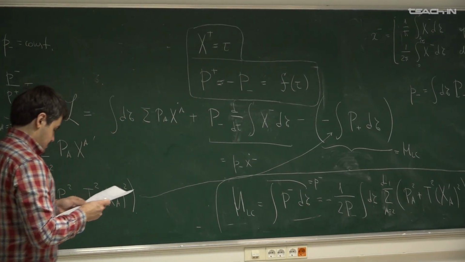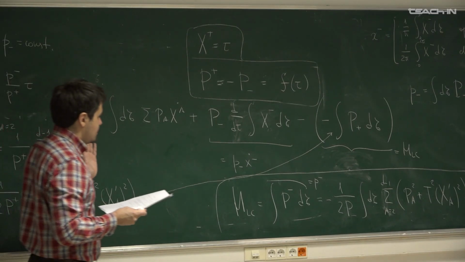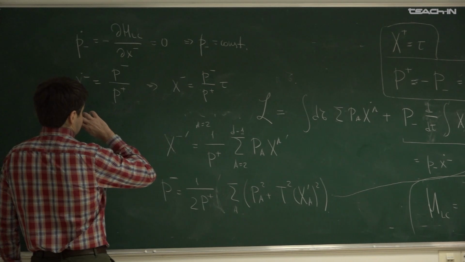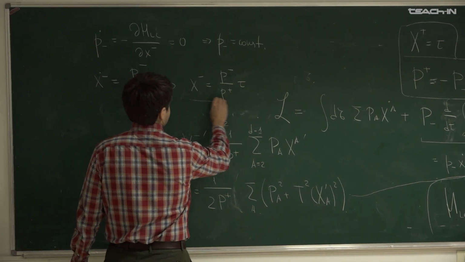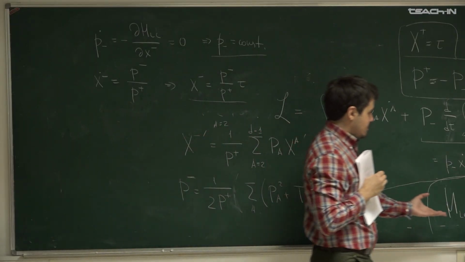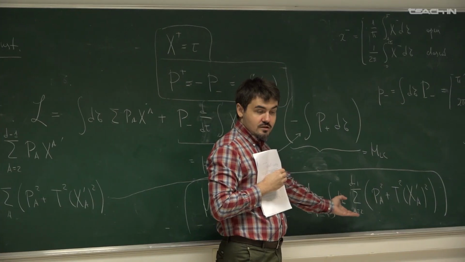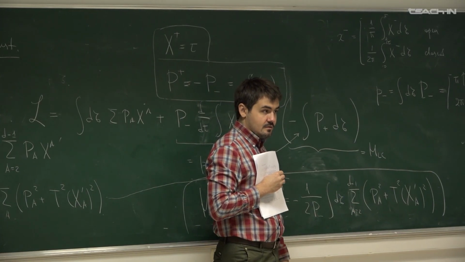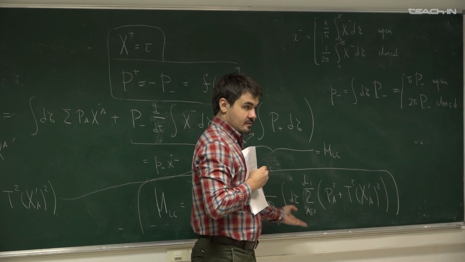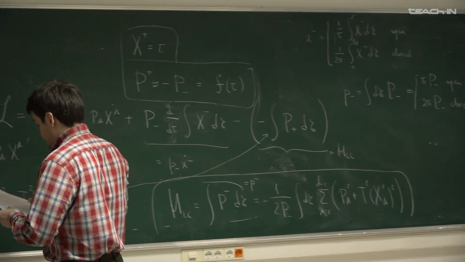That's not really that important, these are just some technical complications. The important thing is that we solve the equations of motion. They say that p minus is a constant, and if p minus is a constant, all the remaining equations are just linear equations for pa and xa, right? Because this is now genuinely quadratic. This guy is a constant now.